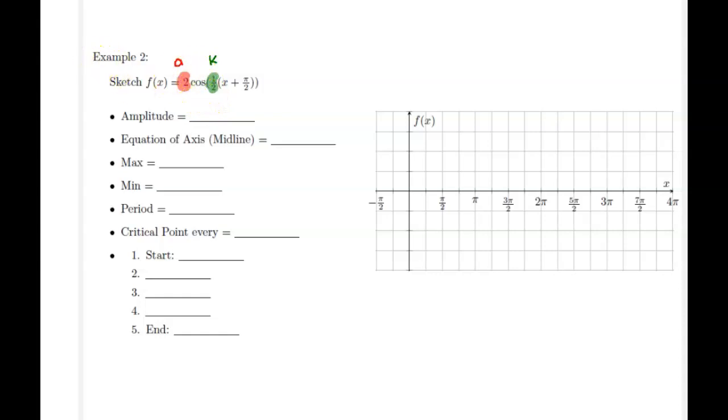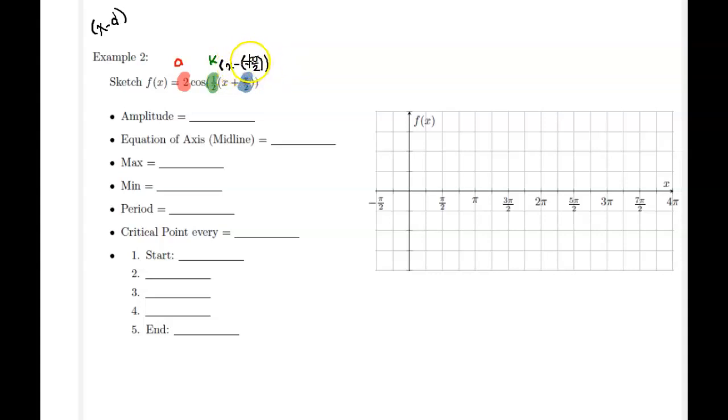Now for my d value, we have to be a little bit careful here because this is where my d value would come from, but we have to remember our general formula inside here had x minus our value of d. This is x plus our value of d. So I could actually rewrite this as x minus, to follow our general formula, negative pi/2.